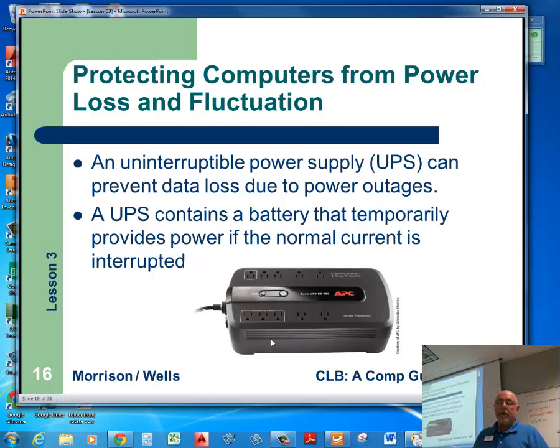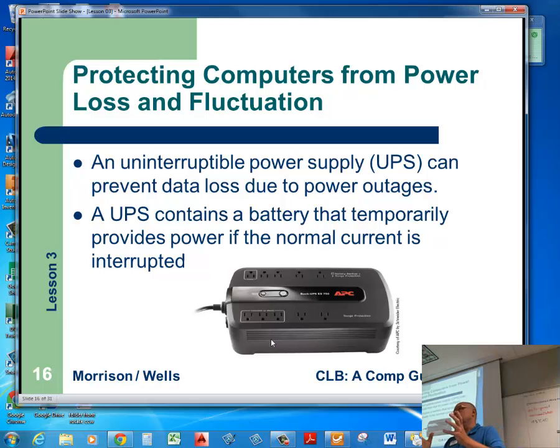Then if you lose power, if you're a business, you don't want your computer to go down. You've got a big project running on your computer, and you don't want it to be lost just because the power goes out or glitches. So you can buy a universal power supply, uninterruptible power supply.